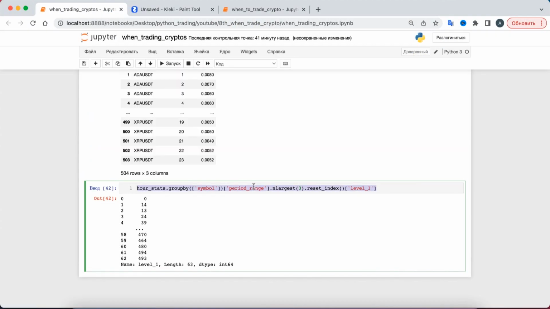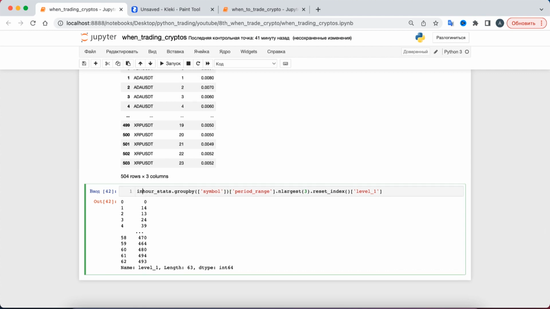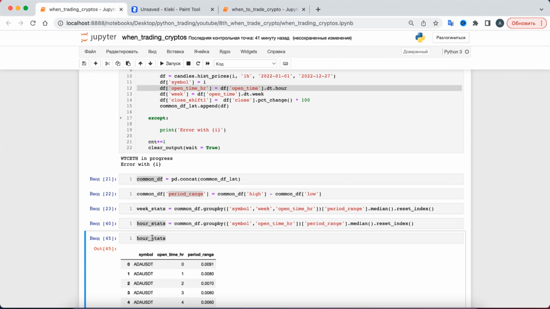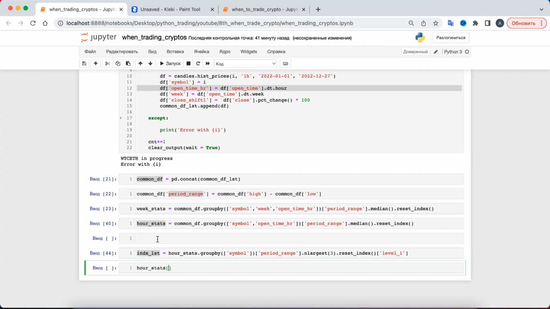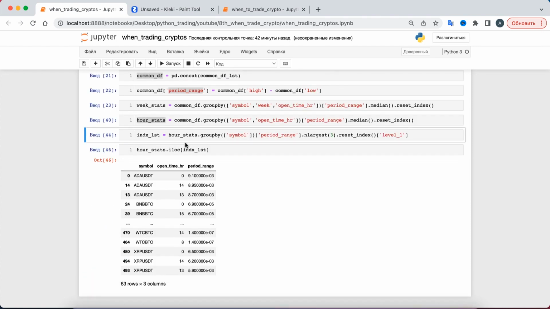The command outputs the indices of the assets with highest volatility, and we just make a variable for it, and to find information about the assets and hours with the highest volatility, we just put in the indices.